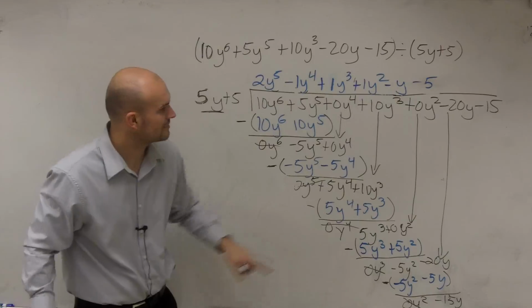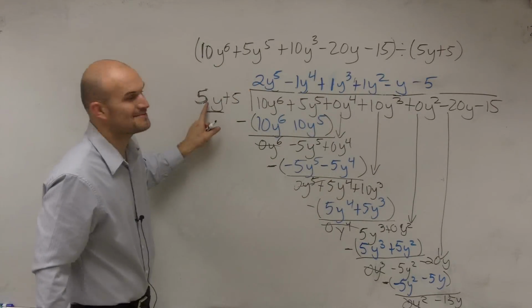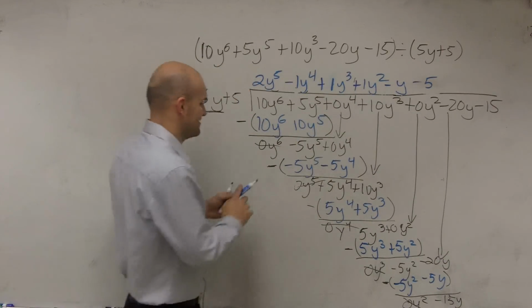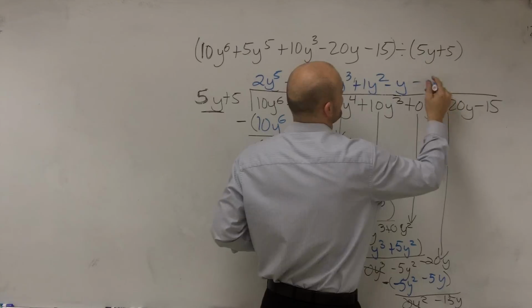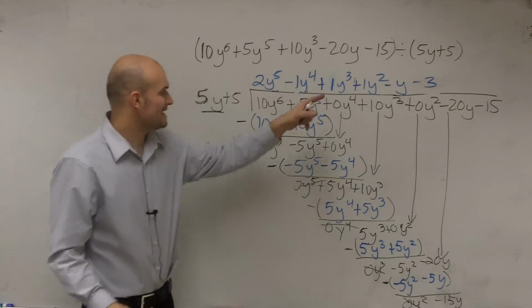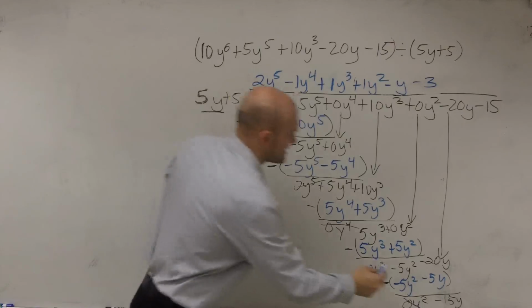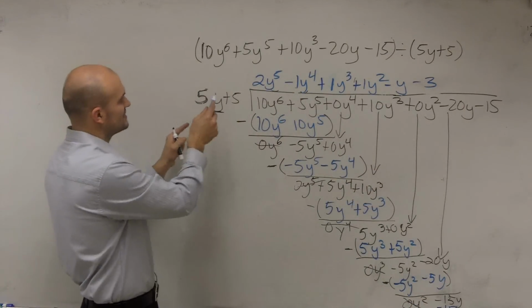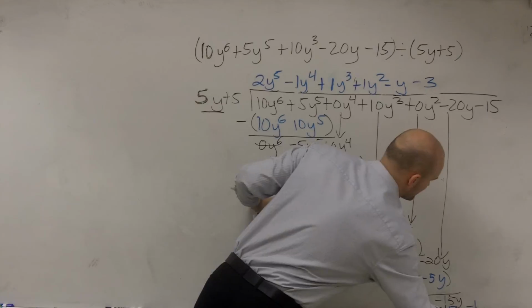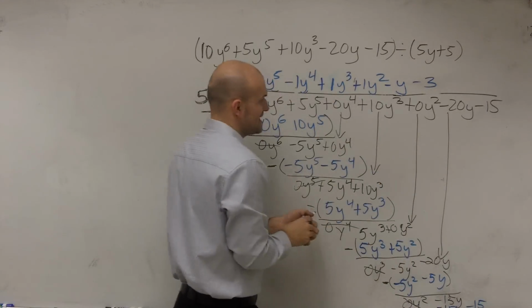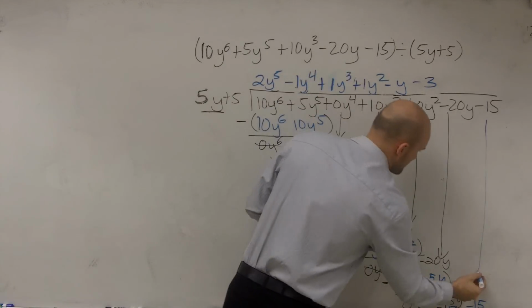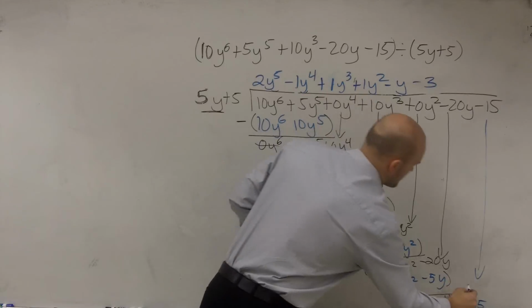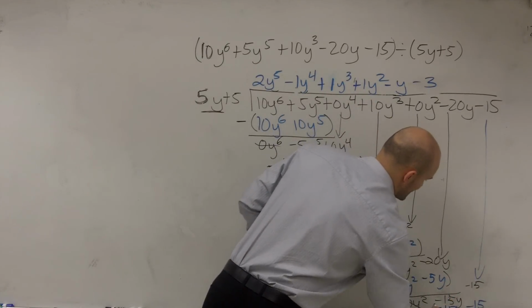Is this hurting your brain yet? Negative 5 times... I'm sorry, negative 3, right? Thank you, I'm losing it. So negative 3 times 5y is a negative 15y, and negative 3 times 5 is a negative 15. So I bring down the negative 15 and subtract my rows.